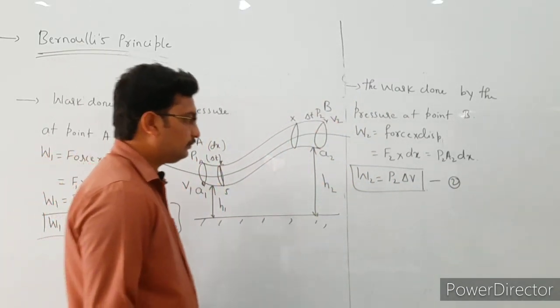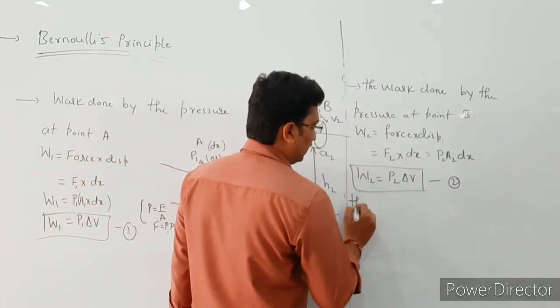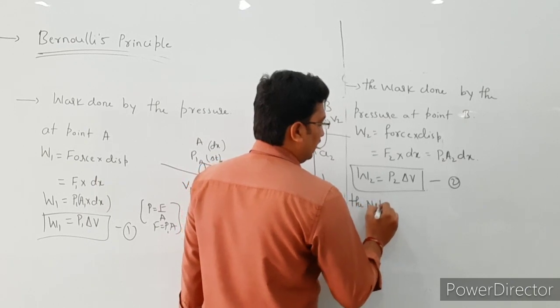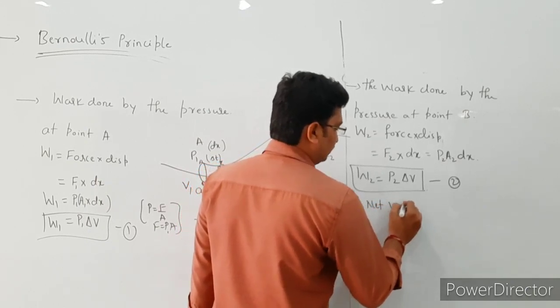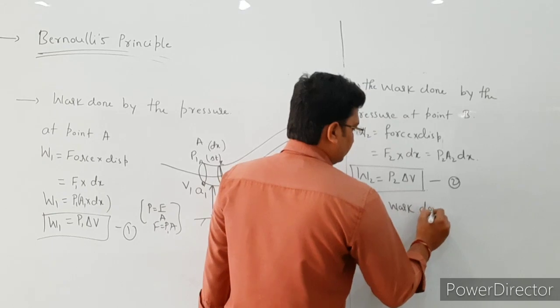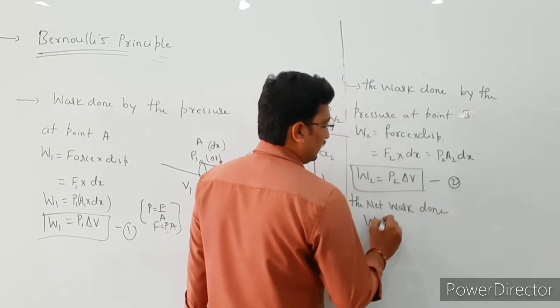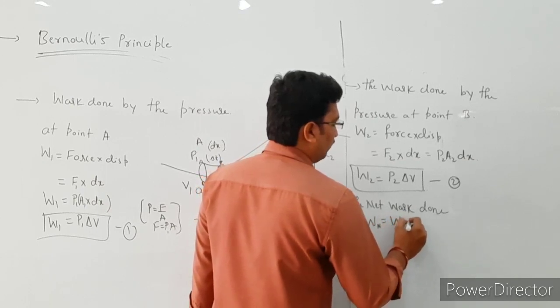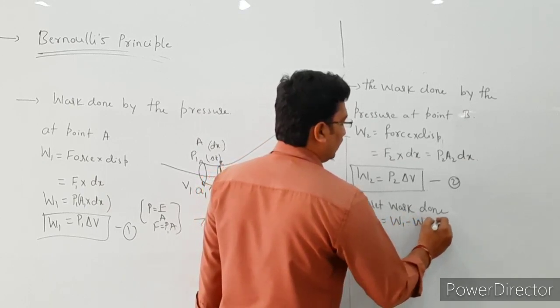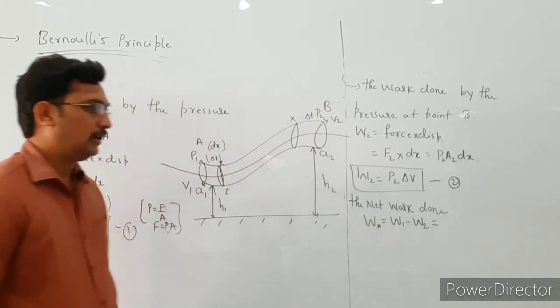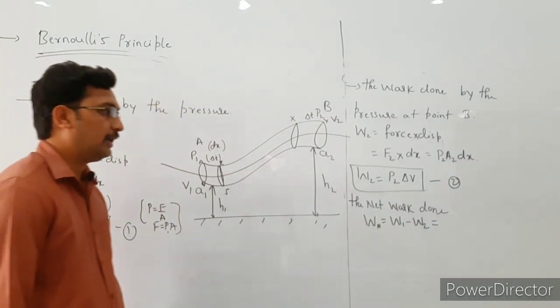So the net work done, W suffix n, is equal to W1 minus W2.